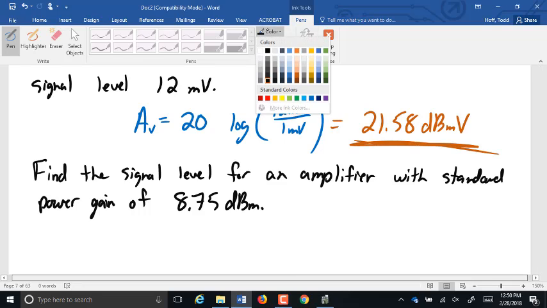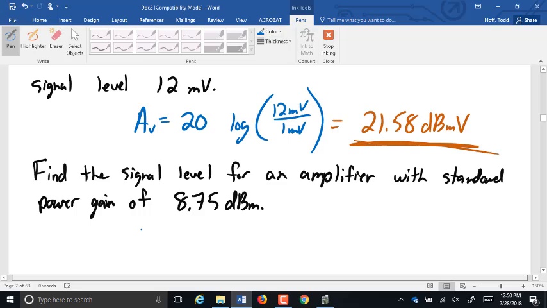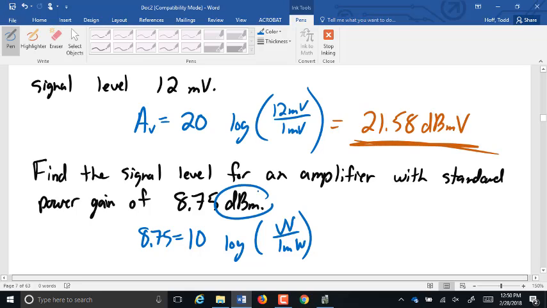What formula? Okay. 10 log, and it's going to be voltage over 1 millivolt, or sorry, wattage over 1 milliwatt. How did I know that it was wattage instead of voltage? It's dBm. dBm means we're looking at milliwatts.